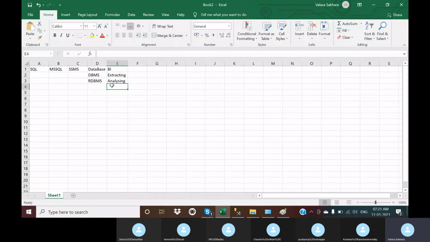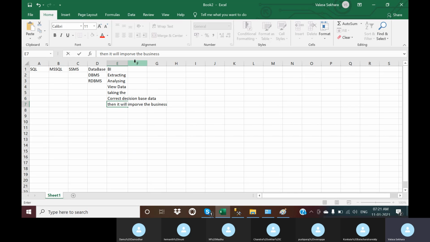Then viewing the data. Once viewing is done, taking the correct decision based on analyzing the data, then it will improve the business.